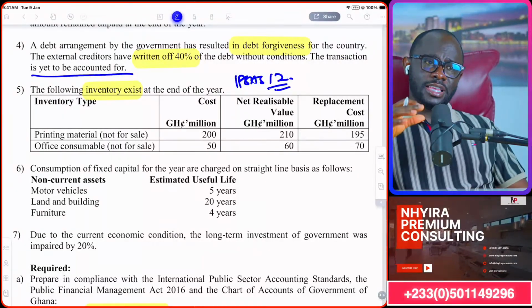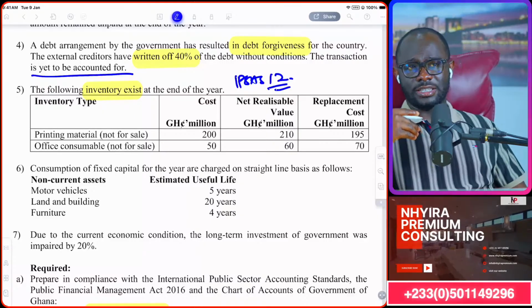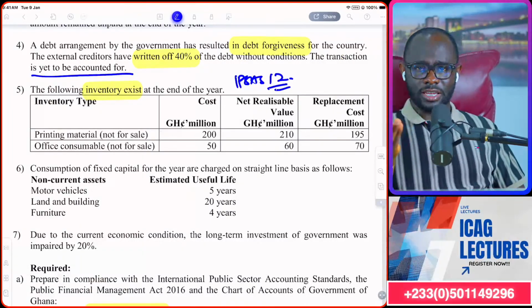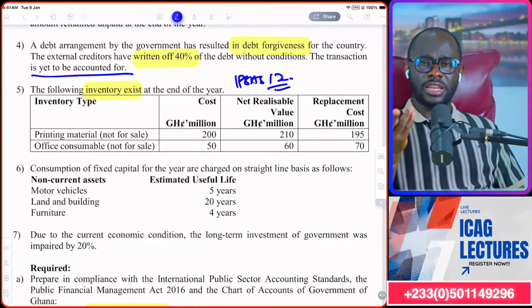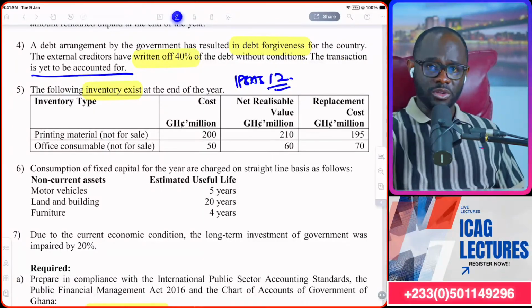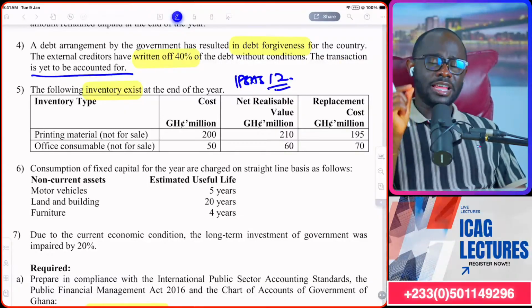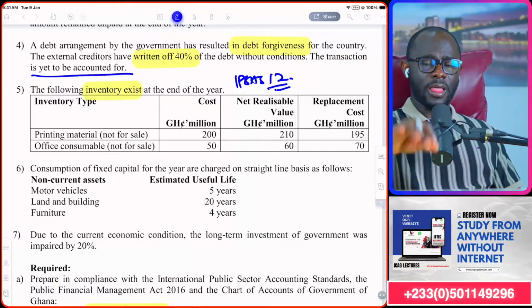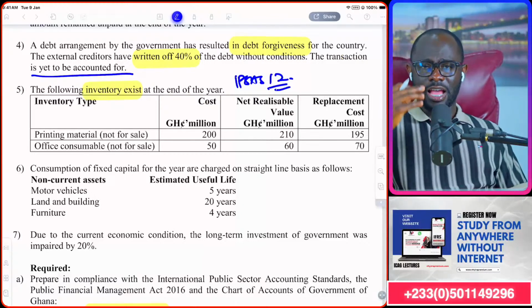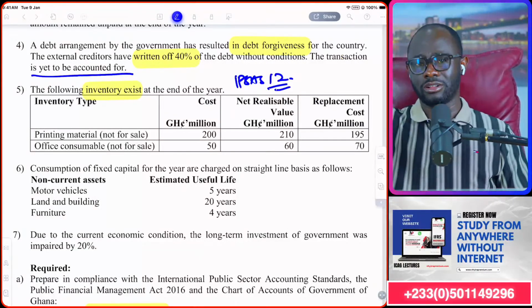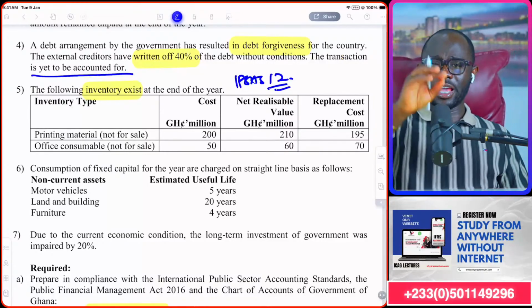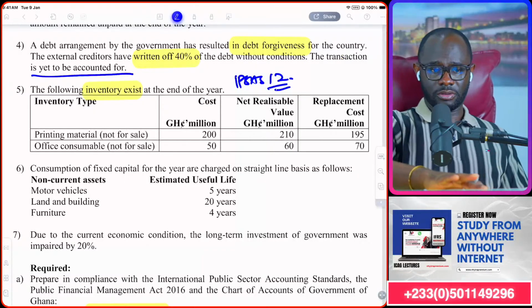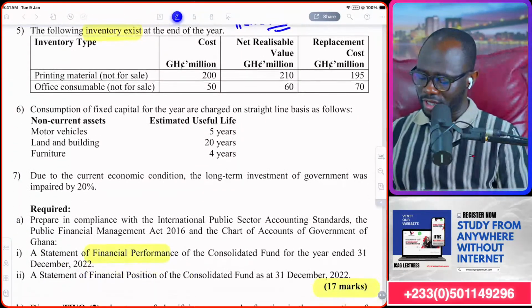If the entity has an inventory that they're going to use in the day-to-day running of the organization, or an inventory that they are not selling because they will distribute it for free, then the inventory will be carried at lower of cost and replacement cost. However, if the entity has an inventory that it will sell, it is for sale, then the inventory is carried at lower of cost and net realizable value. So that's the principle.